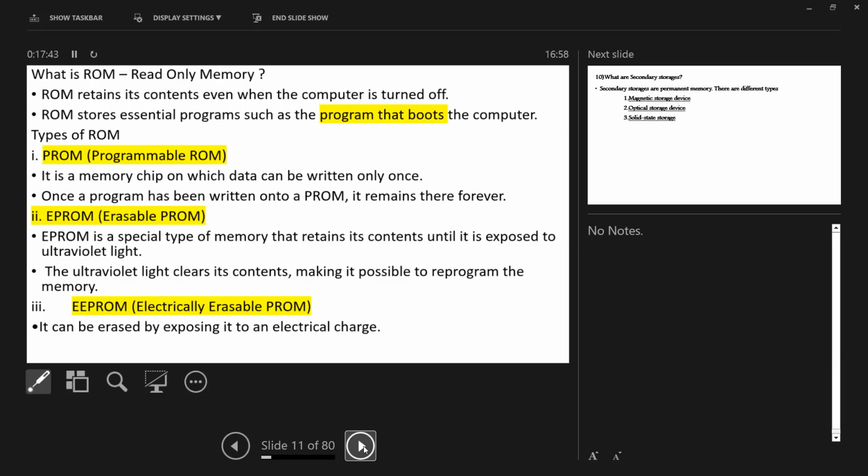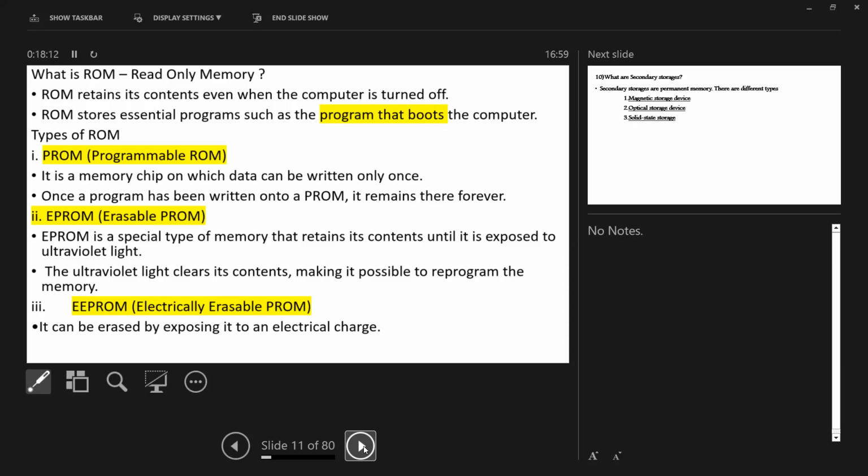Types of ROM: PROM, programmable read-only memory, is a memory chip on which data can be written only once. Once a program has been written into a PROM, it remains forever. We can take it another day, the information stored in the PROM.